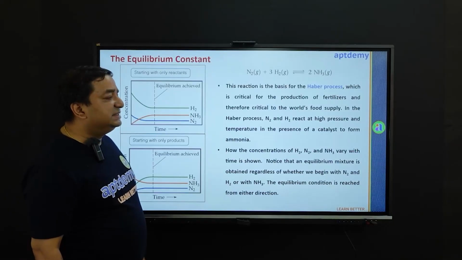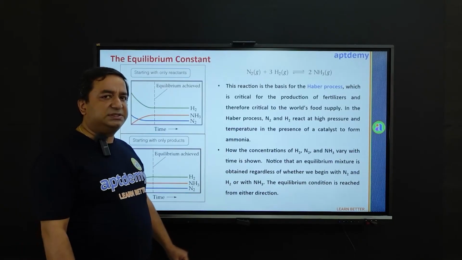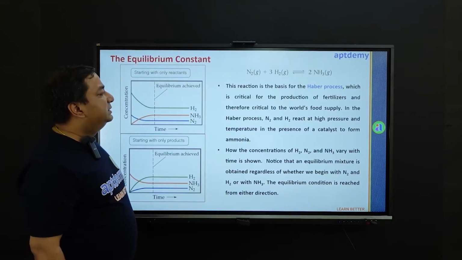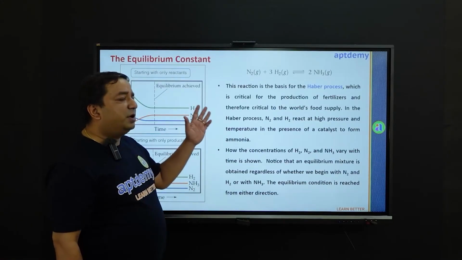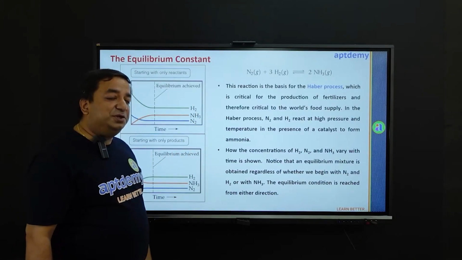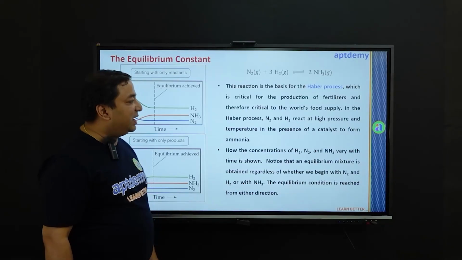Now this reaction is the basis for the famous process known as the Haber process, which is critical for the production of fertilizers and therefore critical to the world's food supply.